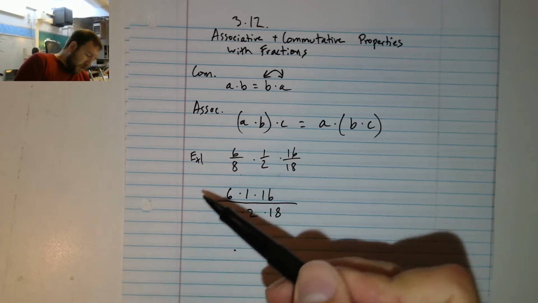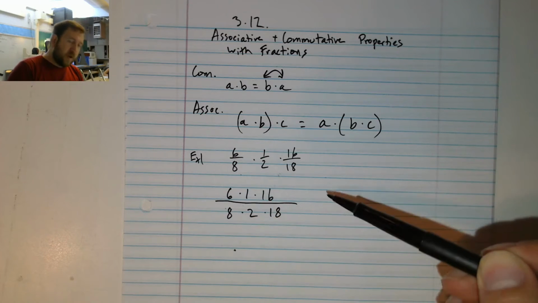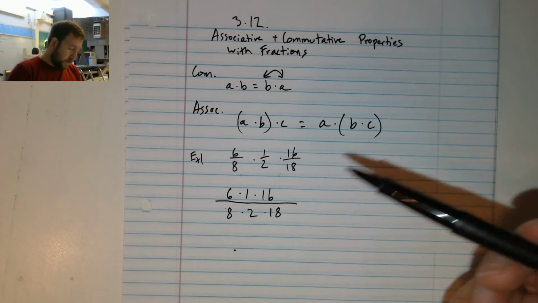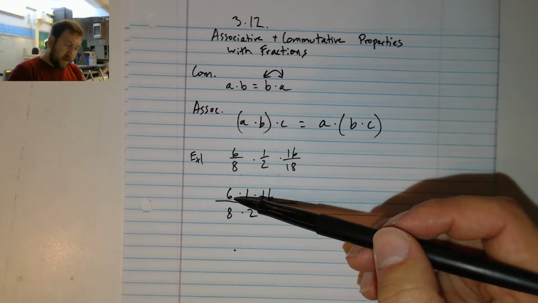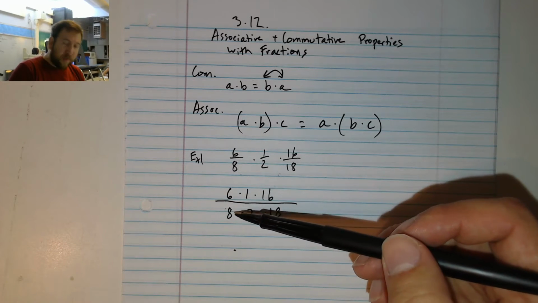And I could even multiply this out and turn it into a giant problem, but I have some things that I can simplify first that's going to help me out. So now that they're all in one giant fraction, it makes it easier for me to find things to simplify. For example, there was no big numbers that fit into 6 and 8. I mean, I could have divided it by 2 and turned it into 3/4.